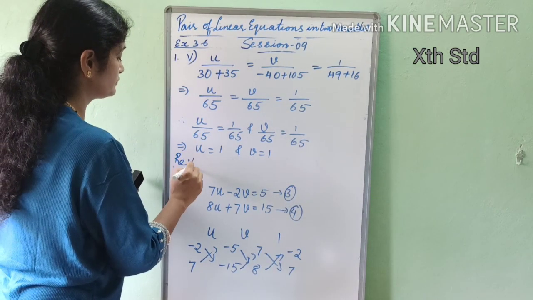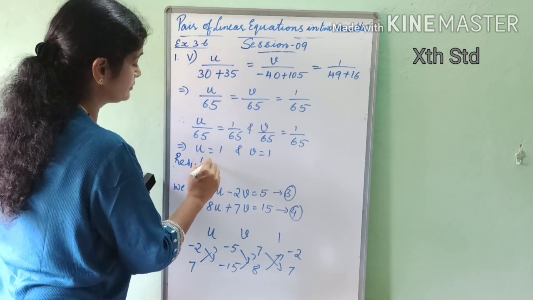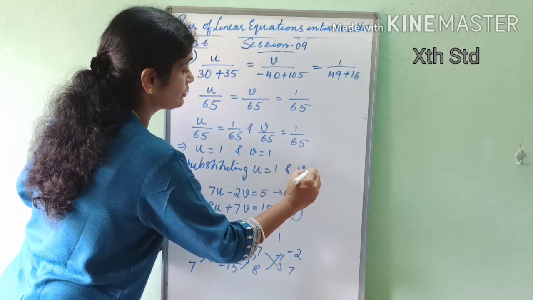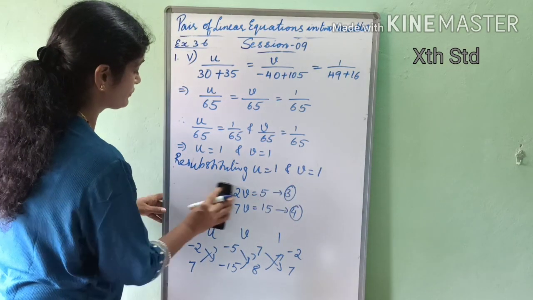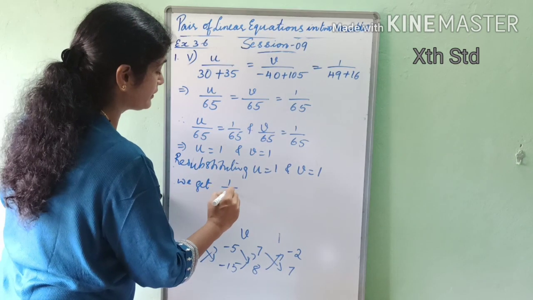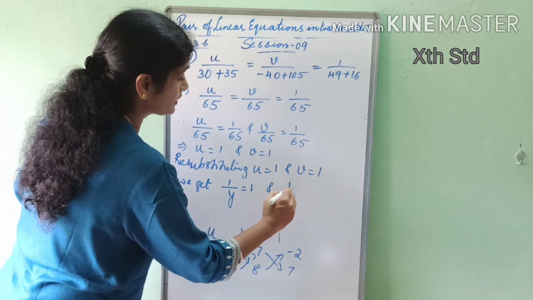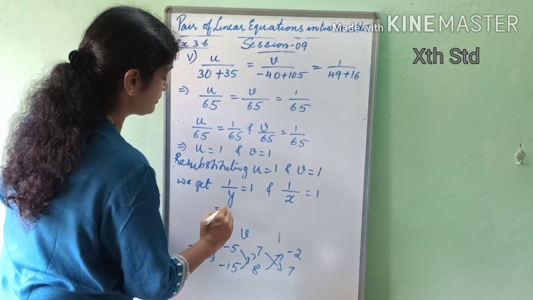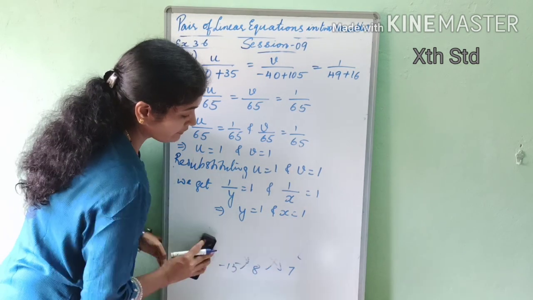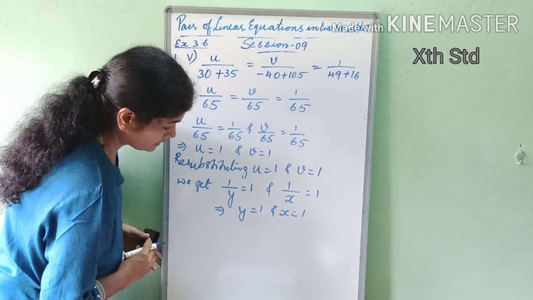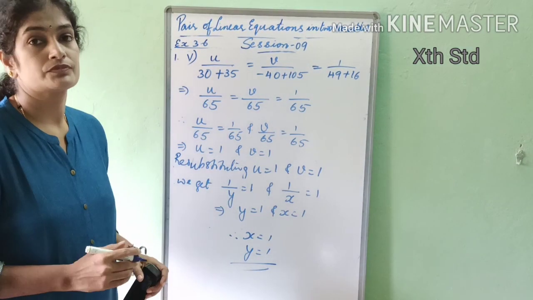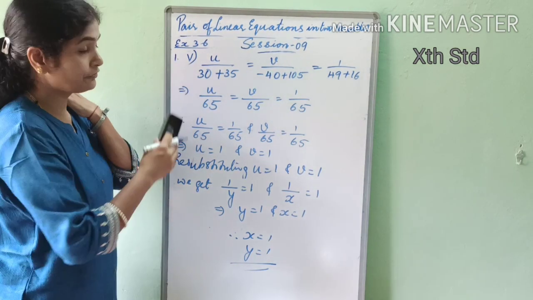Resubstituting, u equal to 1 and v equal to 1, what we get? We get 1 by y equal to 1 and 1 by x is equal to 1, implies y equal to 1 and x is equal to 1. Therefore, the values of the variables are x is 1 and y is 1. Okay, fine. It is the fifth part of it.